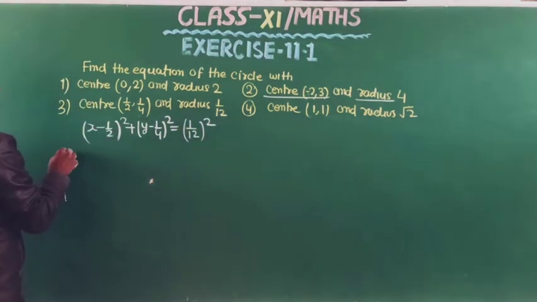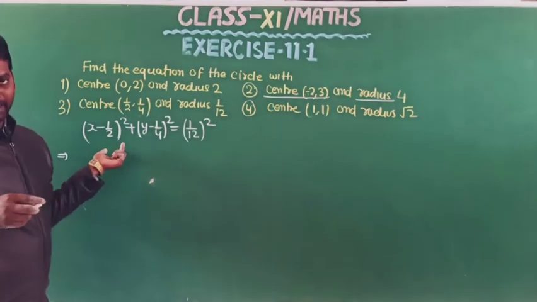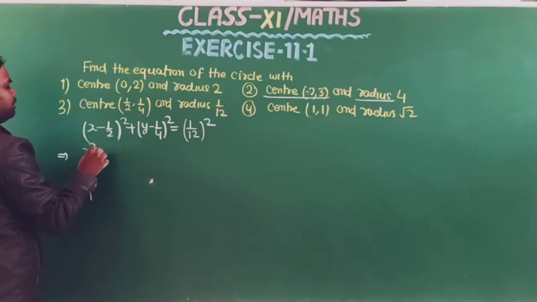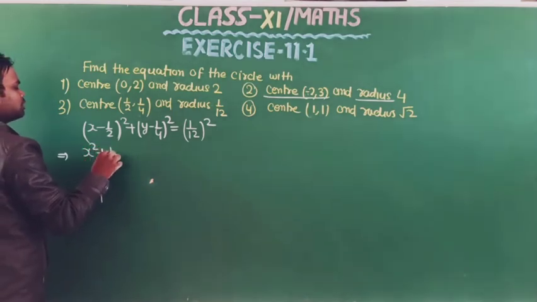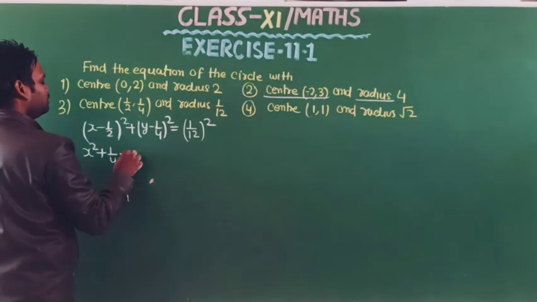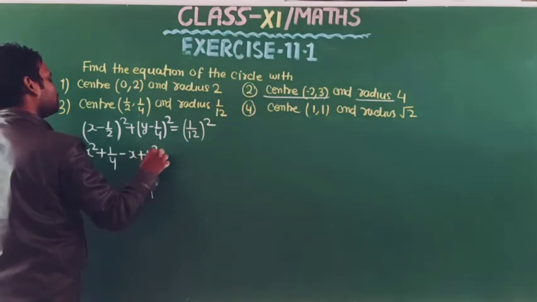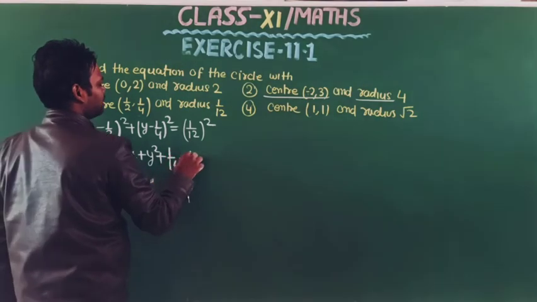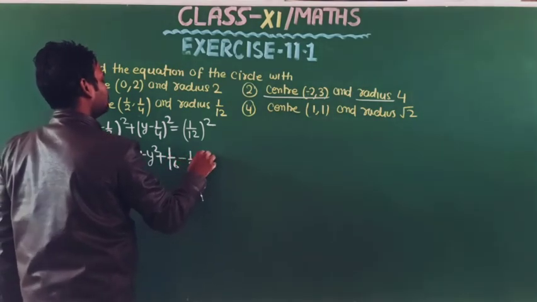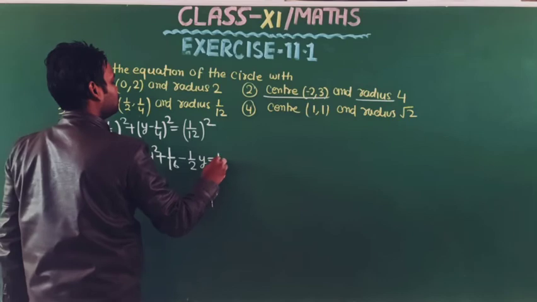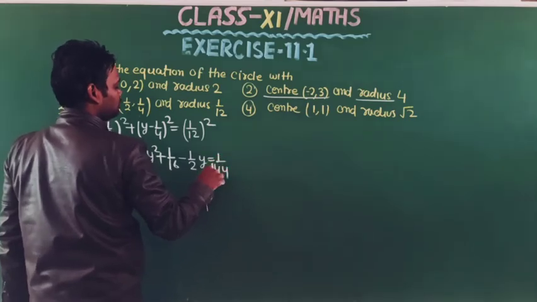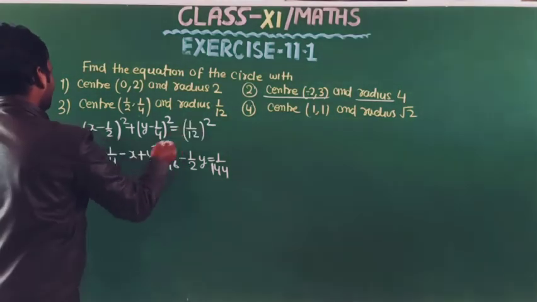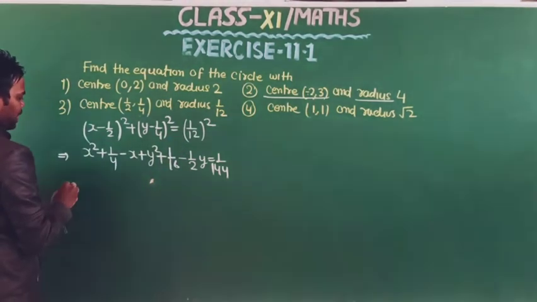Okay, now simplify this expression. So this will be x square plus 1 by 4 minus x plus y square plus 1 upon 16 minus 1 upon 2 y equal to 1 upon 144. Okay, and further simplify.